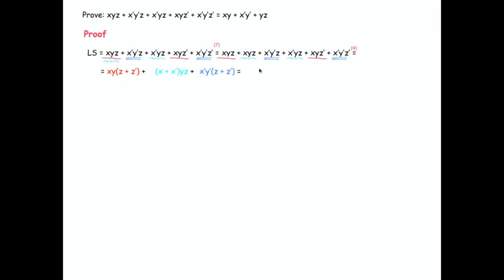Now, when we look inside the parentheses, what do we see there? We have z or z complement, and then we have x or x complement, and then here we have again z or z complement. So what do they all end up being, these 3 expressions in the parentheses?